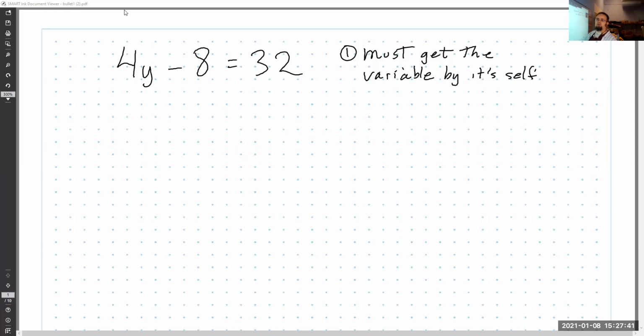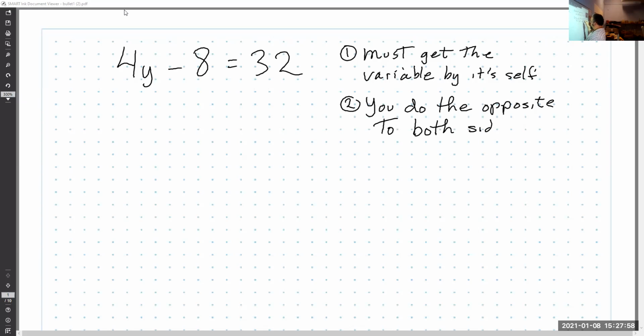So we want to get rid of minus 8. To move things from one side to the other, you do the opposite to both sides. Looking at my equation, 4y minus 8 equals 32, what's the opposite of minus 8?